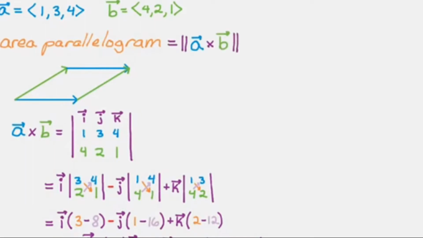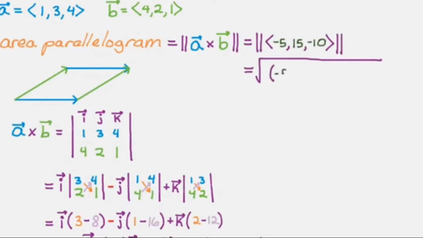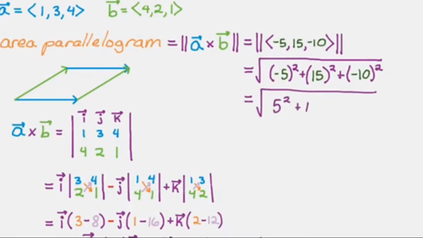So here to get the area of this parallelogram, we shall now get the modulus of A cross B, which is given as the square root of negative 5 squared plus 15 squared plus negative 10 squared. But negative 5 squared is the same as 5 squared.